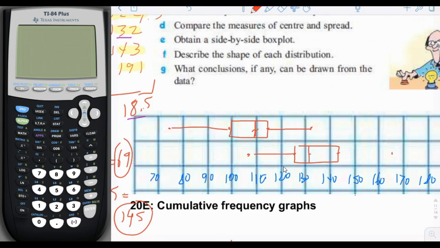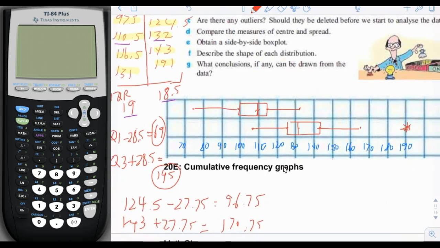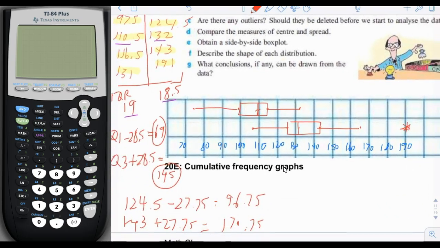Okay? Alright. What conclusions, if any, can be drawn from the data? Well, you can see that the new globes definitely show that the data has increased a lot, especially like if you look at the middle 50% here and the middle 50% here, there's an increase of about 20 from each one.